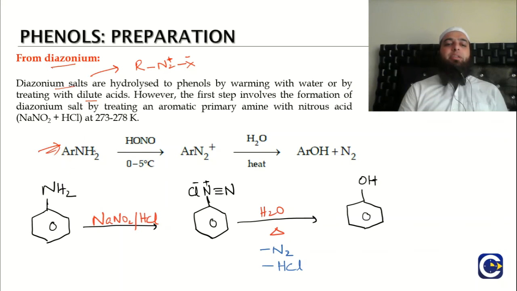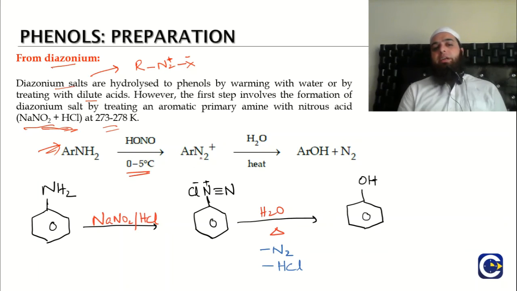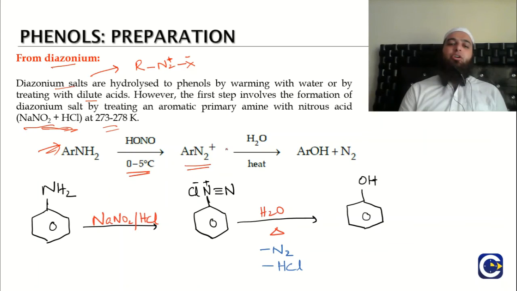We treat it with sodium nitrite and HCl. This reagent, NaNO2 plus HCl, is used at very low temperature, from 0 to 5 degrees Celsius, and we get this salt, which on hydrolysis gives us the phenol.